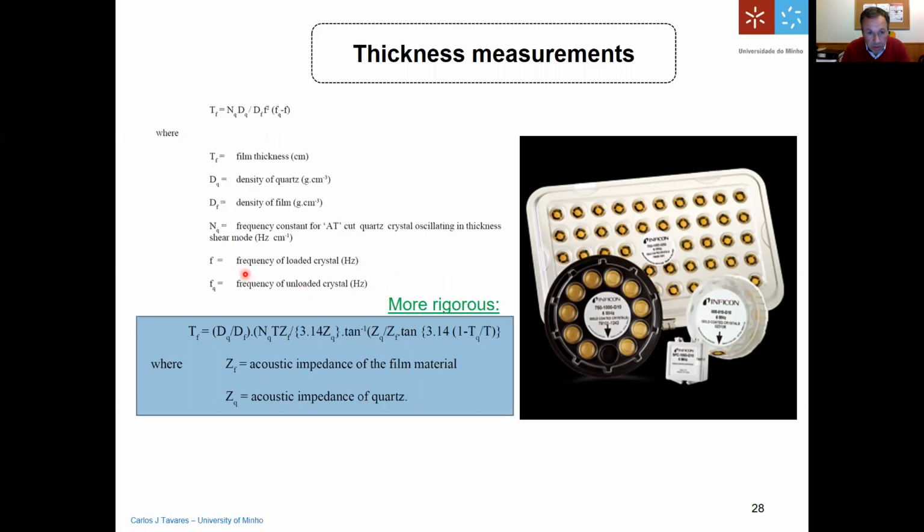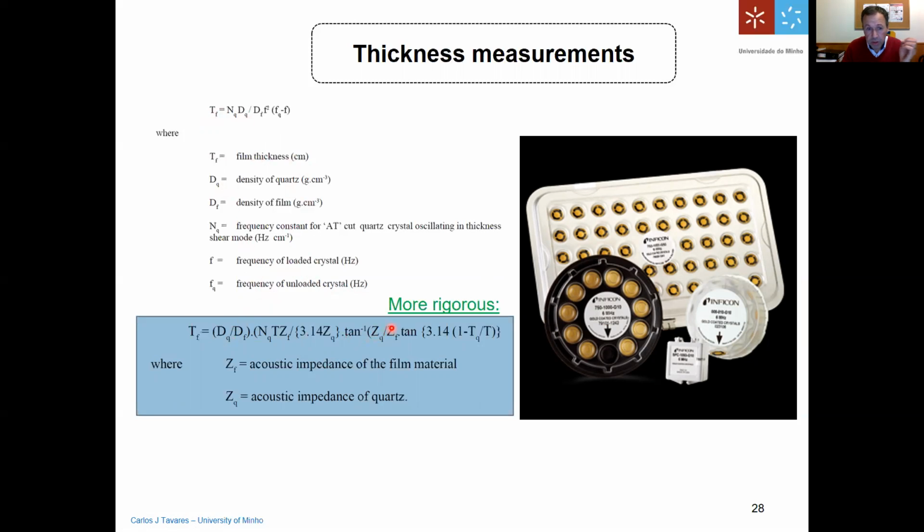Then, by knowing the frequency of the loaded crystal and the frequency of the unloaded crystal, where F_Q is the frequency of the crystal after deposition and F_Q0 is the frequency before deposition, you can measure the thickness of your film.